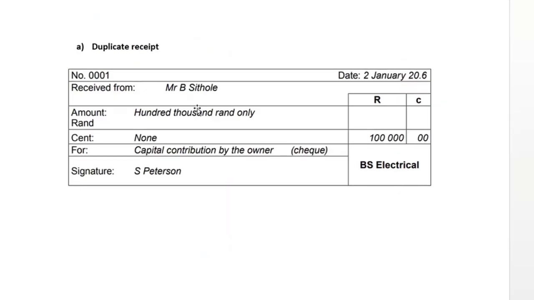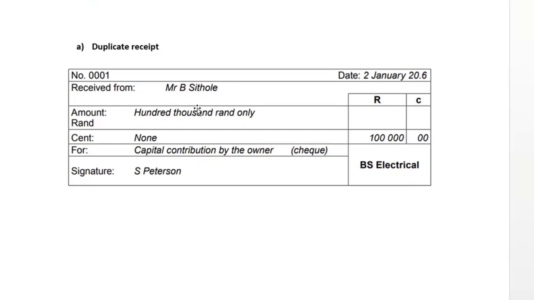So if I may ask you, I know you're just going to be guessing, but this will be in Learning Unit 4. The question I'm going to ask is, if you have a duplicate receipt and a duplicate deposit slip, in which books of prime entry will you record this transaction?